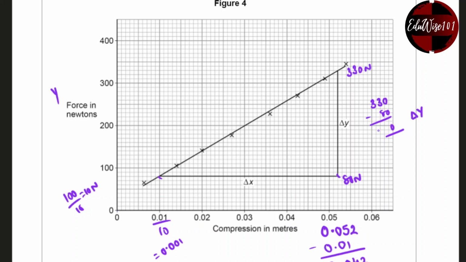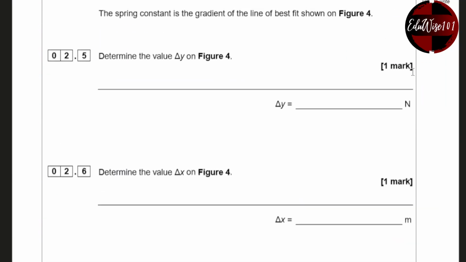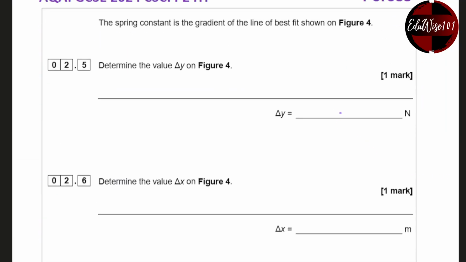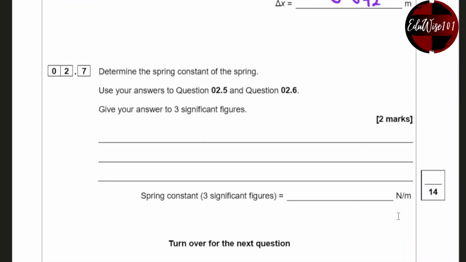That's 250. So 250, you don't need to show your working for 1 mark. So 0.042 is the change in x value.